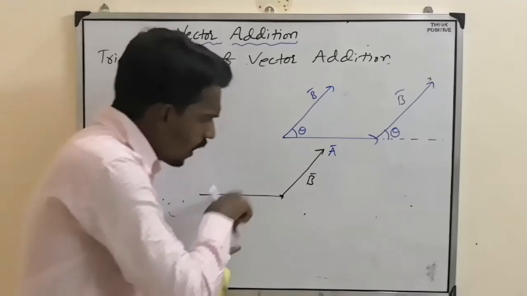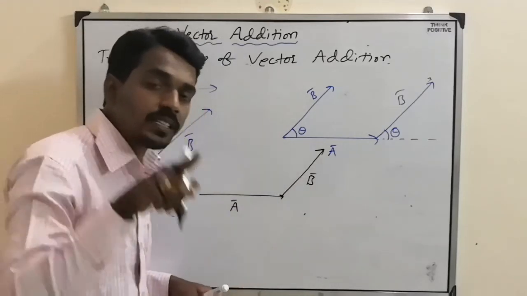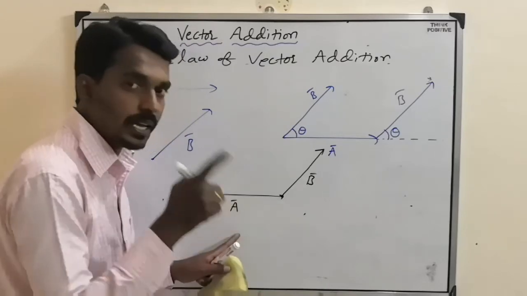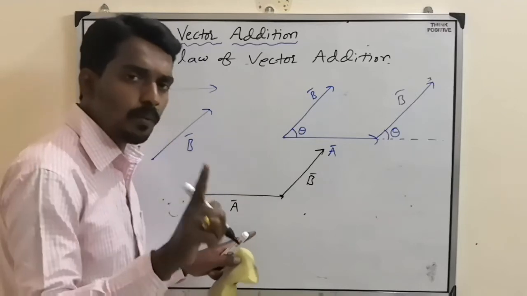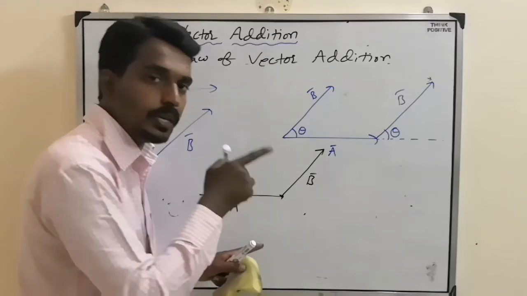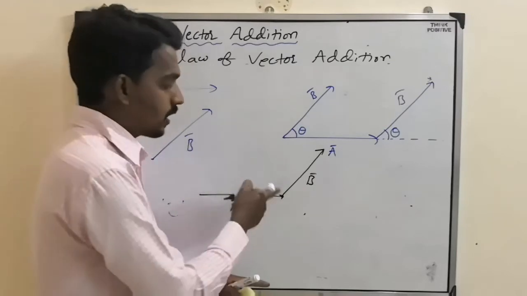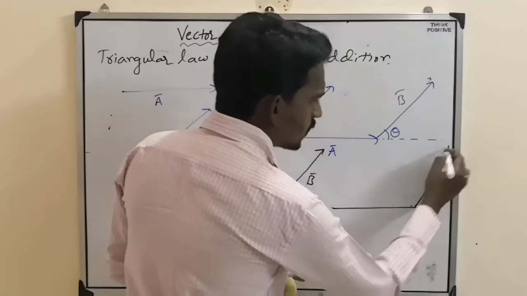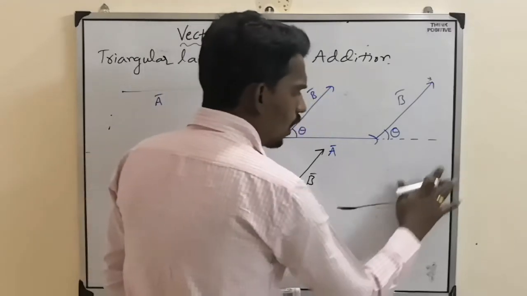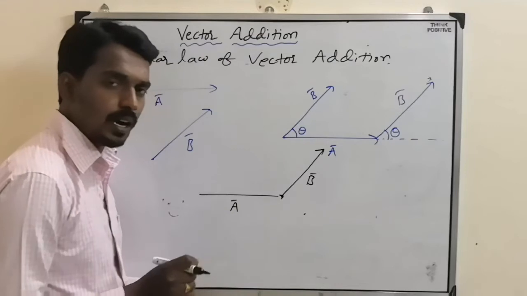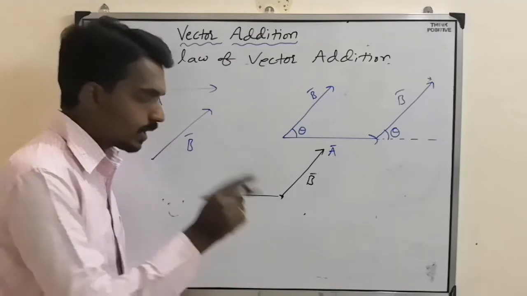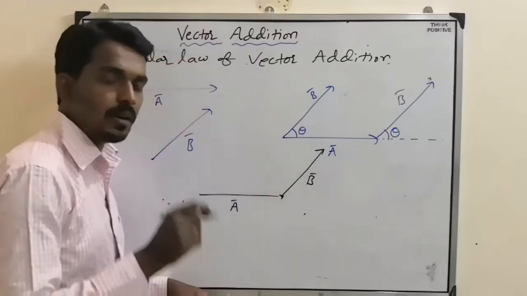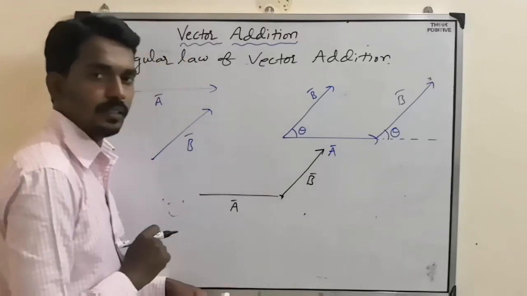That means draw A bar and B bar such that the final point of the first vector A bar and the initial point of the second vector B bar coincide. Here also you can draw. This is A bar, this is B bar. Draw the two vectors such that the final point of the first vector and the initial point of the second vector coincide.